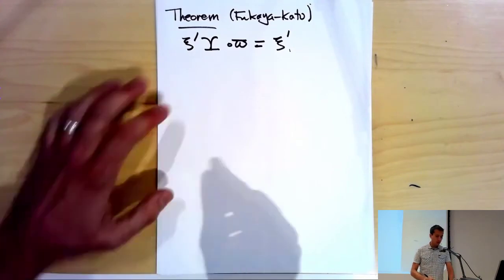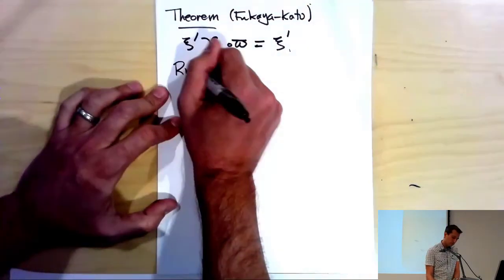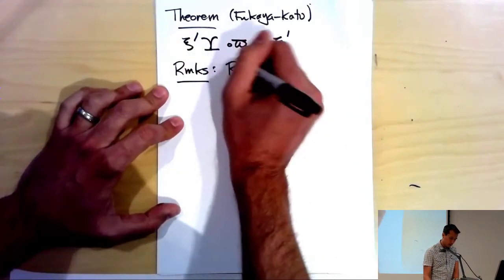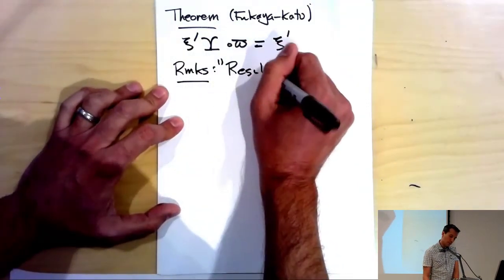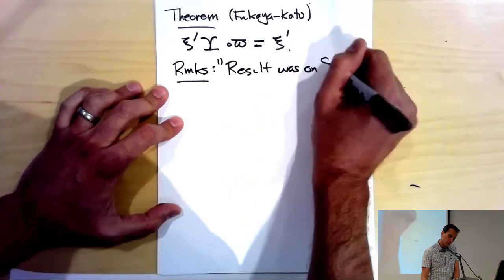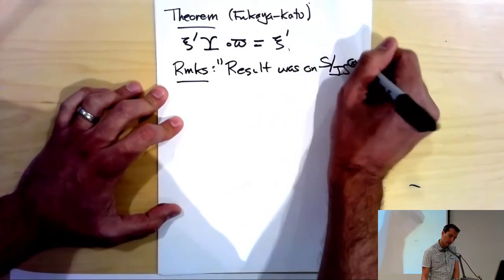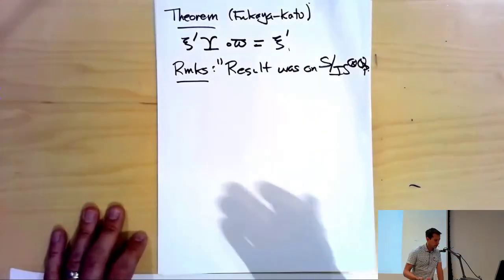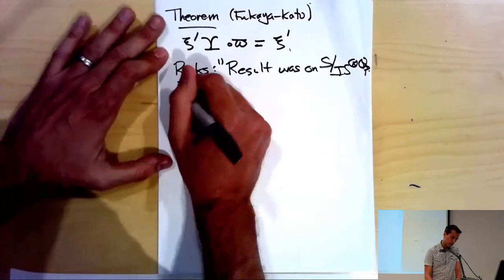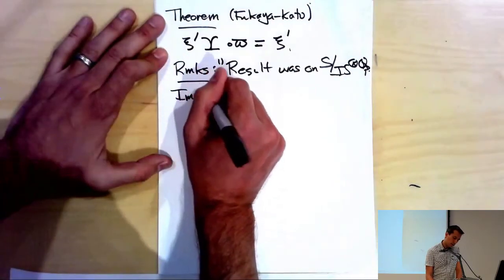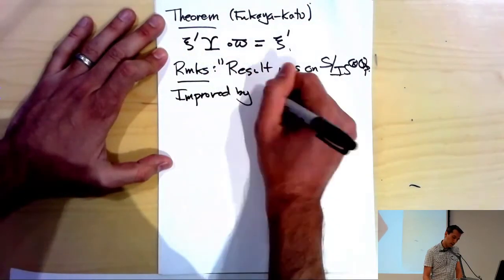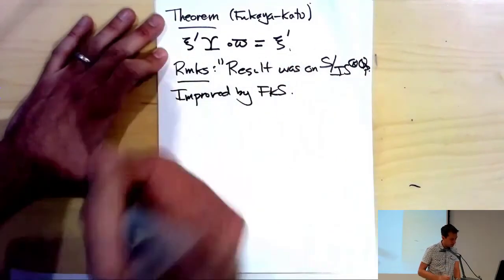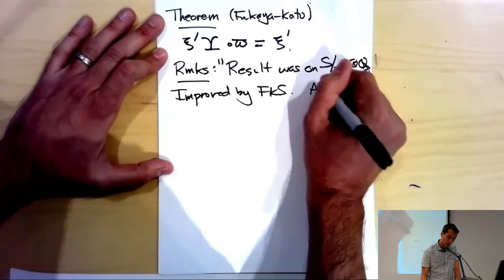So some remarks. One is their result actually was on S, not on S mod IS, but on S mod IS tensor Qp, which is somewhat different, but we improved this to get rid of the tensor Qp. But also, this improvement in a totally different way also follows from Ota's result.